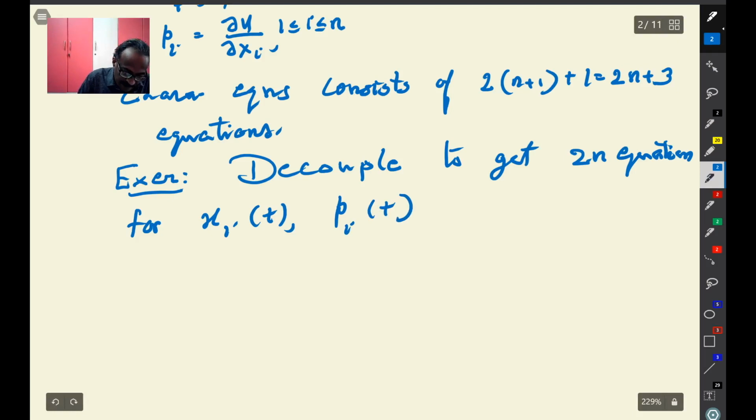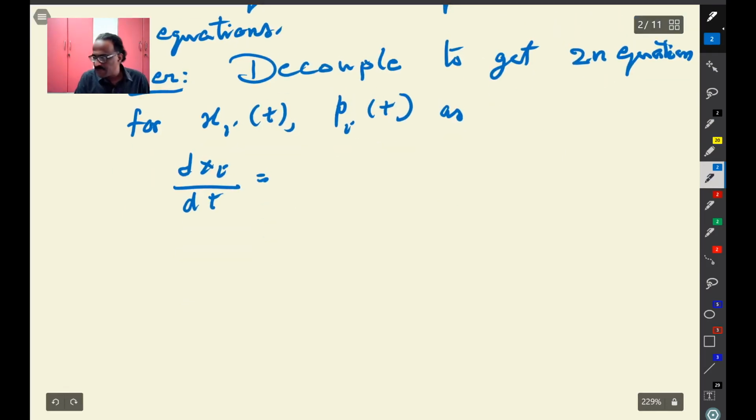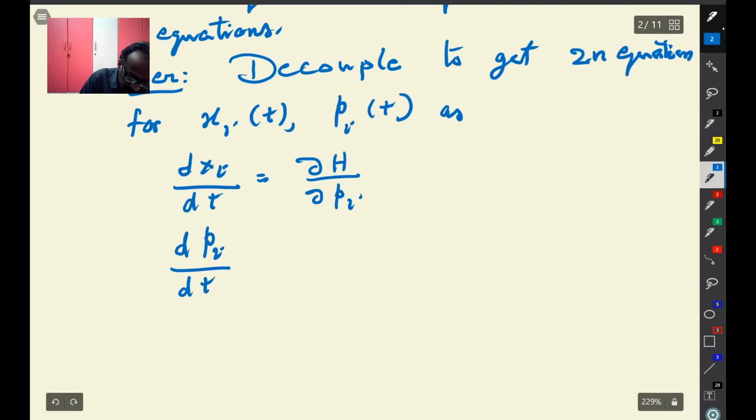The equations are dx_i by dt, which I will leave as an exercise to derive, is equal to dH by dp_i, and then dp_i by dt is equal to minus dH by dx_i.